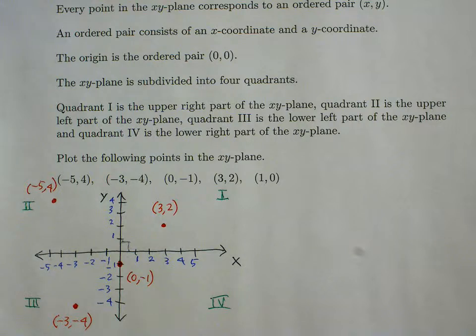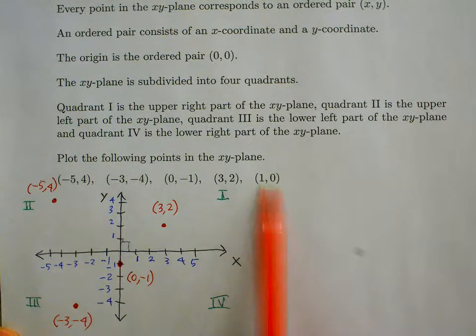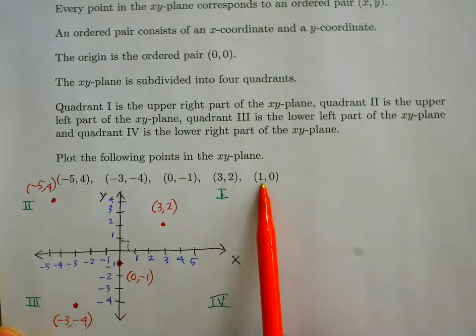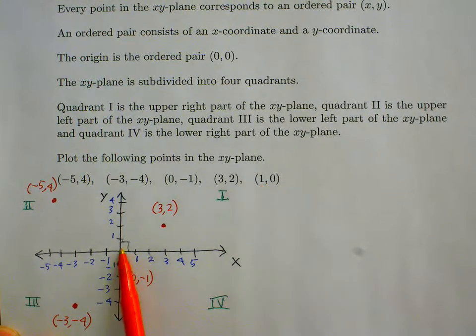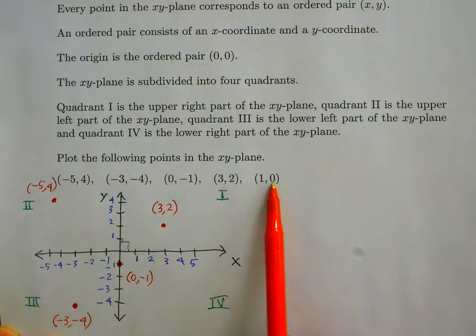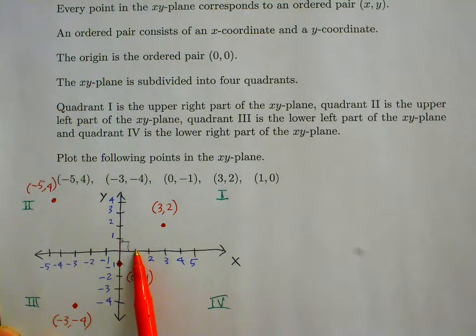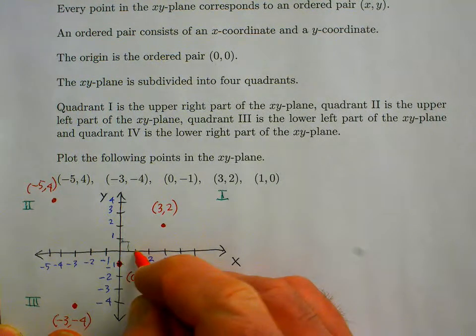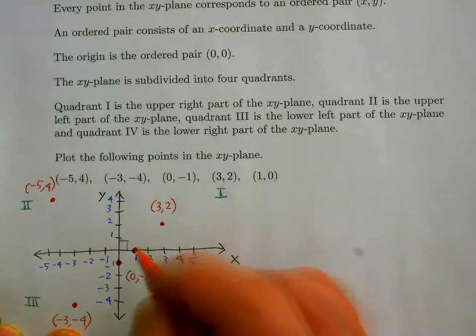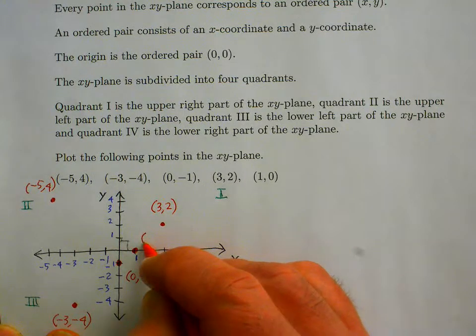X-axis number 1. Yeah, it's on the x-axis. So the point 1, 0, from the origin, since the x-coordinate is 1, we move to the right 1 unit. The y-coordinate is 0, so we just stay on the x-axis. So we get this point, I'll label it 1, 0.